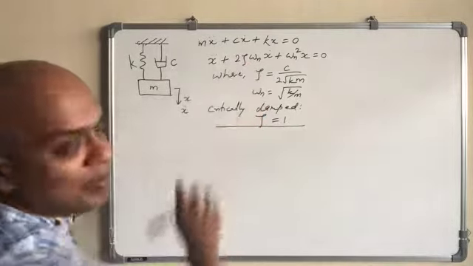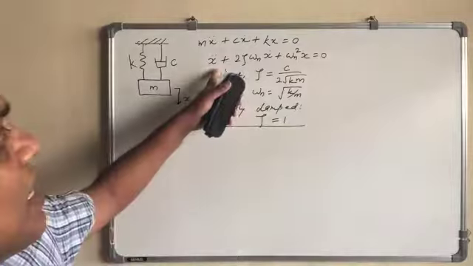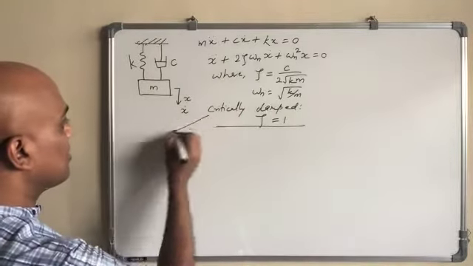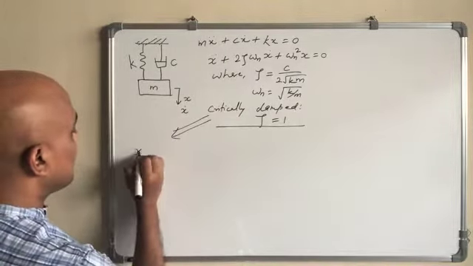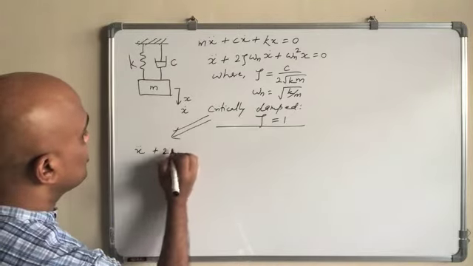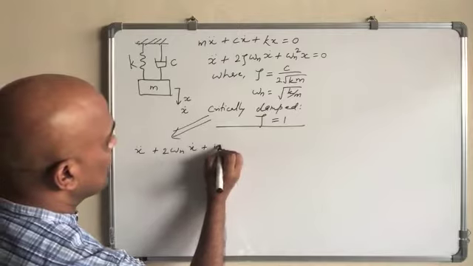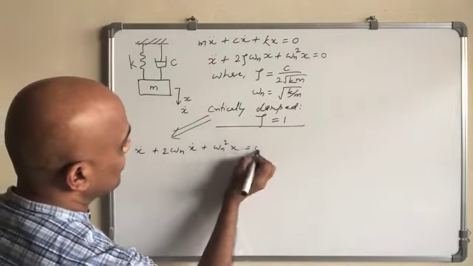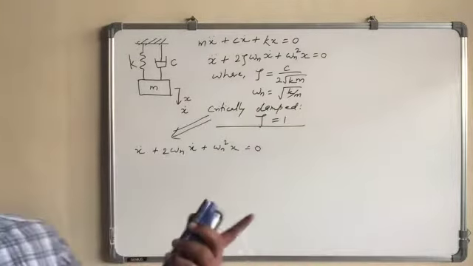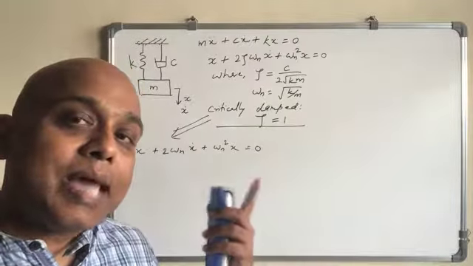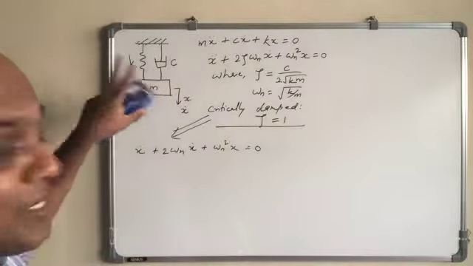We put zeta equal to 1 here, and your equation becomes x double dot plus 2 omega n x dot plus omega n square x equal to 0. So this is the equation for critically damped system.